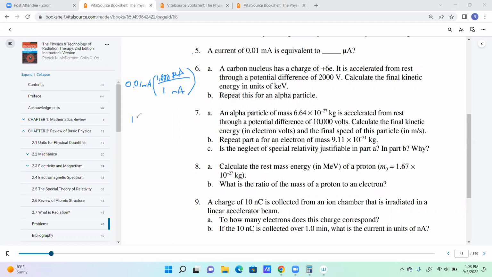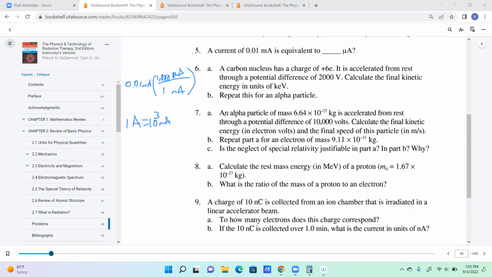If we were to take, say, 1 amp, start with that, it is equal to 10 to the third milliamps.